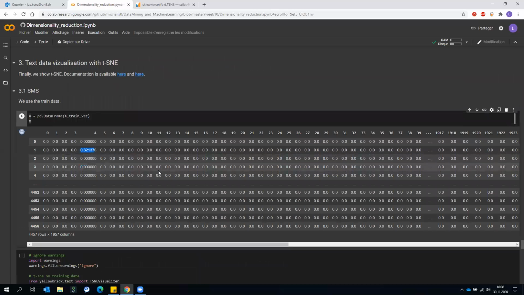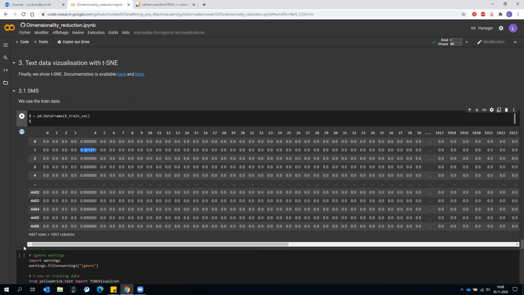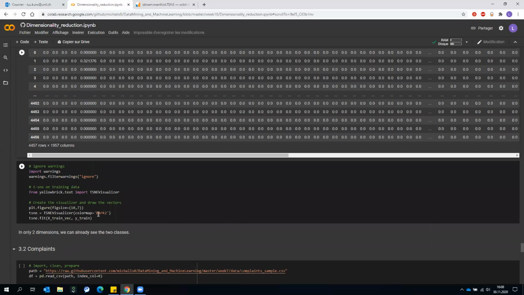That's the TF-IDF matrix. Also, there is one here, for instance, and also one here. And you have a dimensionality as before because it's the same example of around 2000. And we want to reduce it to 2 in this case to be able to visualize it in 2D.